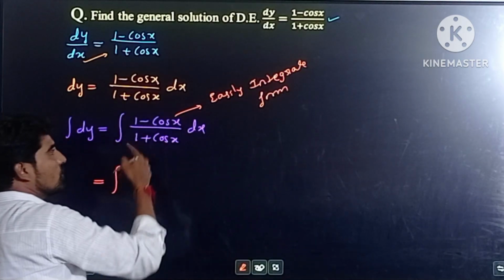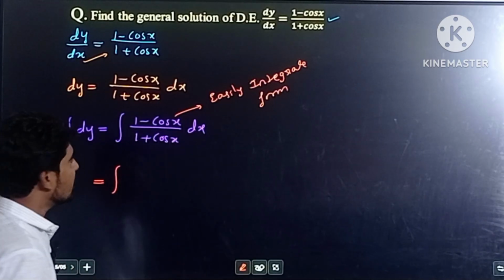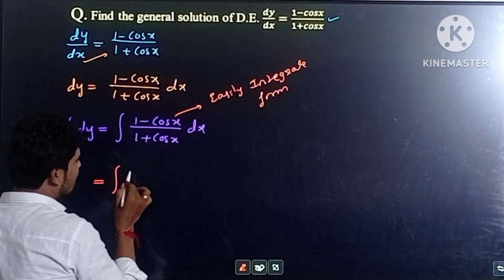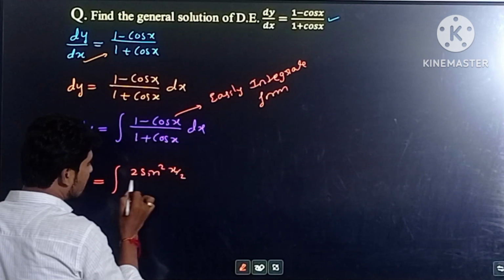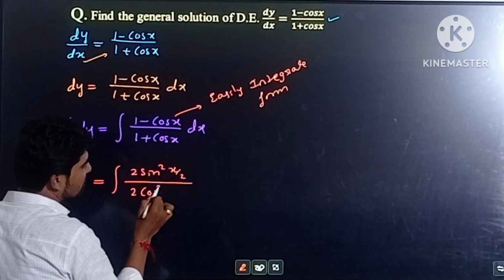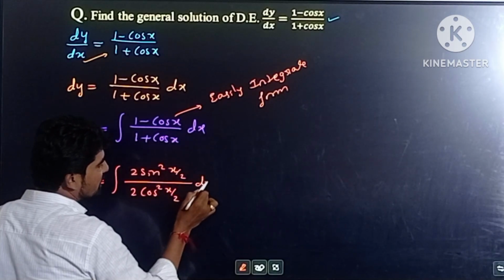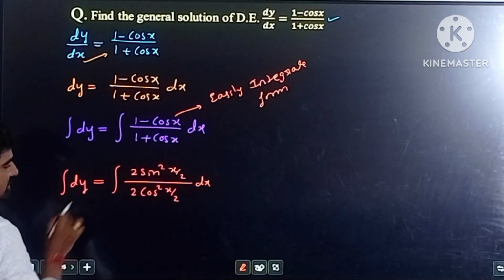To convert this into an easily integrable form, we need to use some trigonometric identities. As you know, 1 minus cos x is 2 sine square x by 2, divided by 1 plus cos x, which is 2 cos square x by 2, with respect to x, and on the LHS, the integration of dy is as it is.